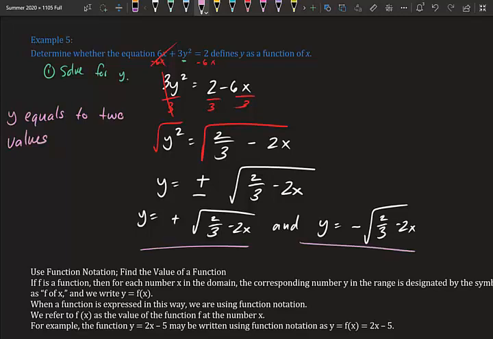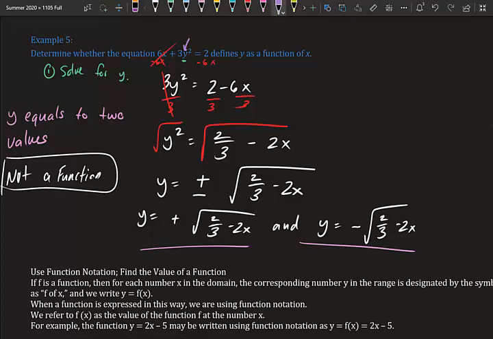Since y equals two values, this is not a function, because if x equals a number, we're going to get a positive number and a negative number. So that's not a function because it shares something.